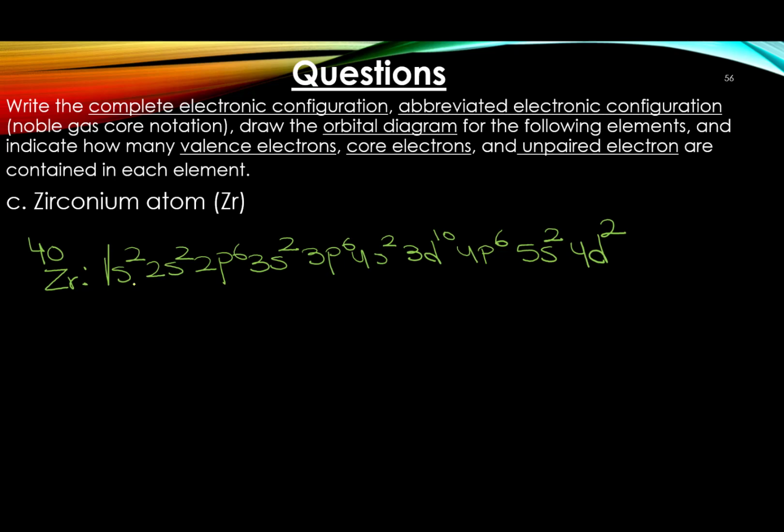Then this is the complete electronic configuration for zirconium. Now look where on the periodic table it is. It's a transition metal. Then look at the last subshell I'm filling in. It's a d. That d subshell is the last one that I'm filling, and that's an indication that you did it correctly. Now we're gonna do the orbital diagram.